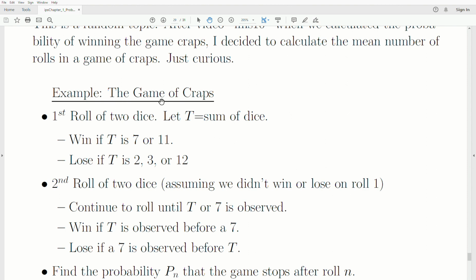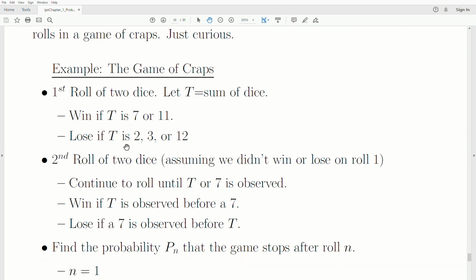So the game of craps is: on the first roll, you roll 2 dice and you let the sum of the 2 dice equal t, and that's actually called the point. We win if the point is 7 or 11, and we lose if the point is 2, 3, or 12. If it's not one of those, we go on to roll 2.